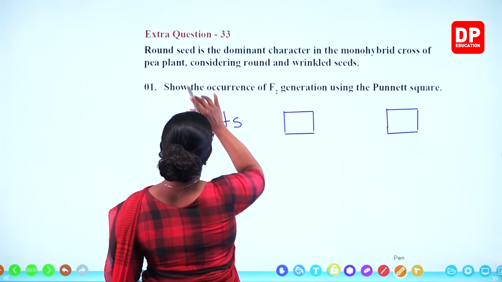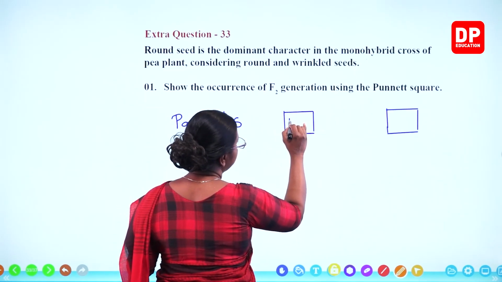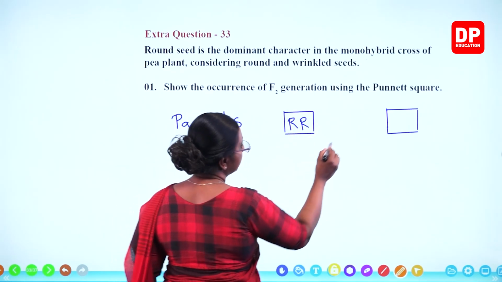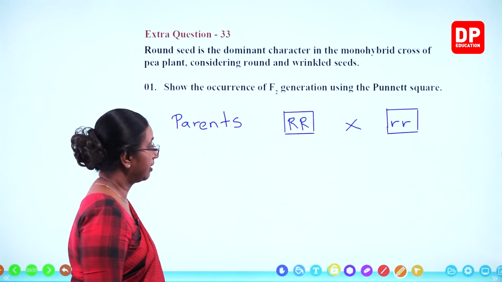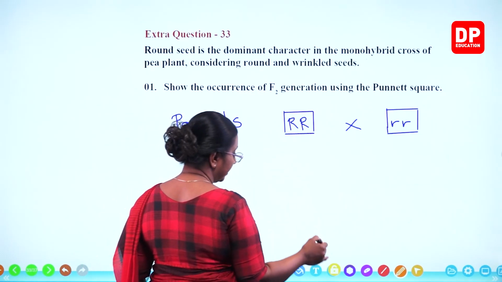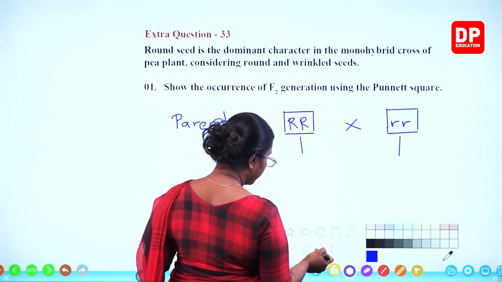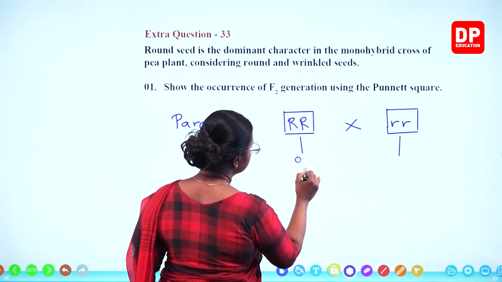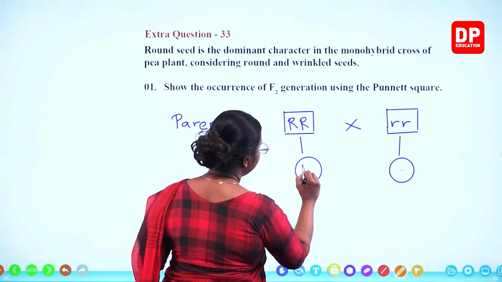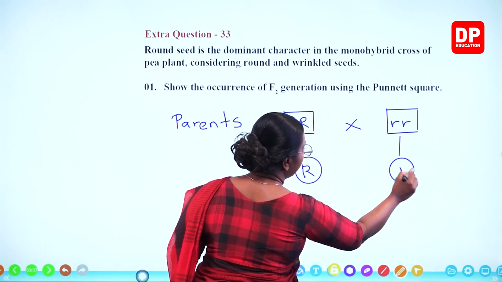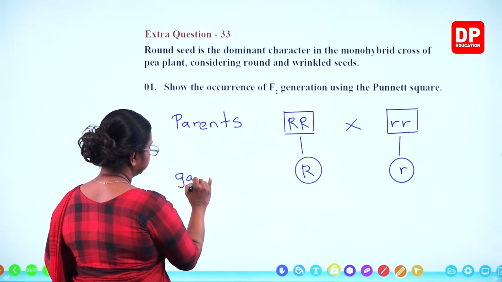So here the characters are round seed and wrinkle seed. So capital R dominant character, simple R recessive character. So from here we get the gametes. Gametes, you will have capital R and simple R there. They are the gametes.